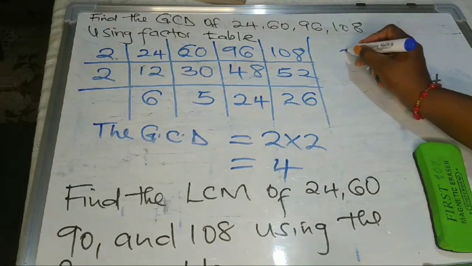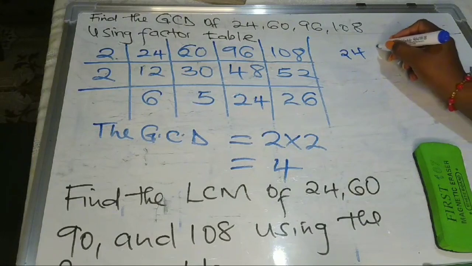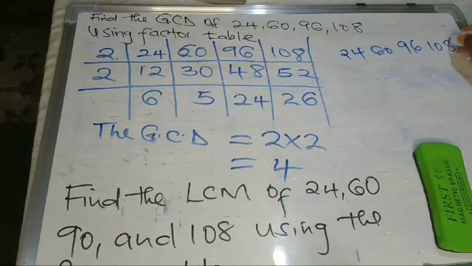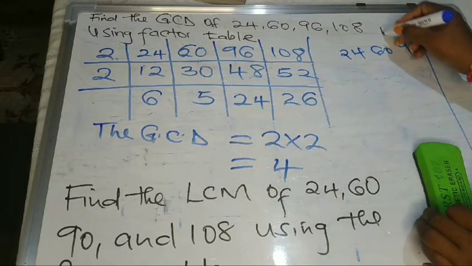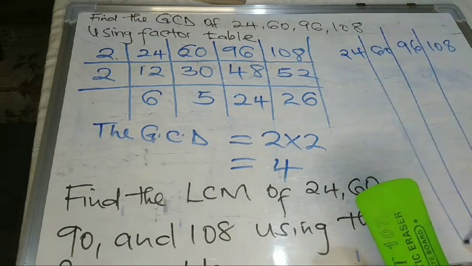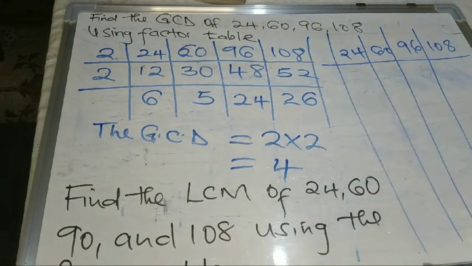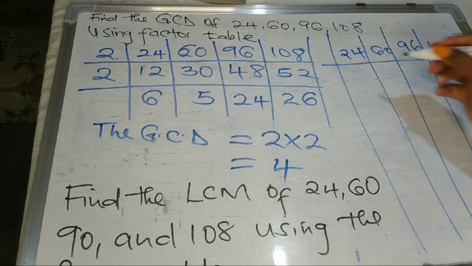So we shall have 24, 60, 96 and 108, and draw lines, place them in columns like that. Now the first number which can divide, actually the least common divisor, is 2.